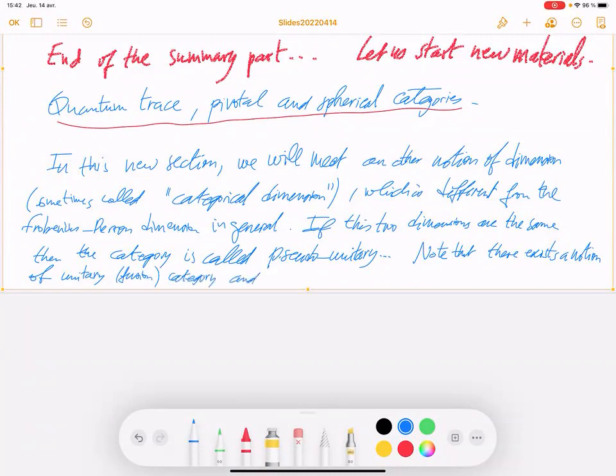And note that unitary implies pseudo-unitary. The unitary categories are the unitary coming from analysis, in fact, coming from subfactor theory. Any unitary fusion category is a fusion category of a subfactor.